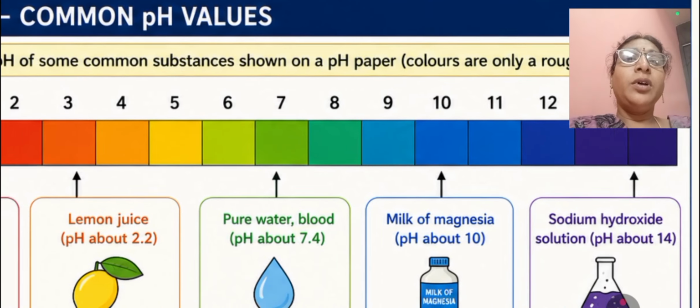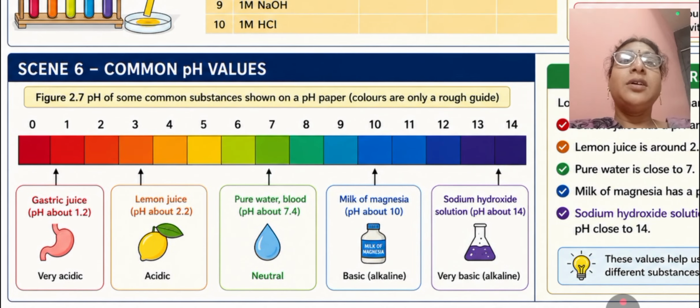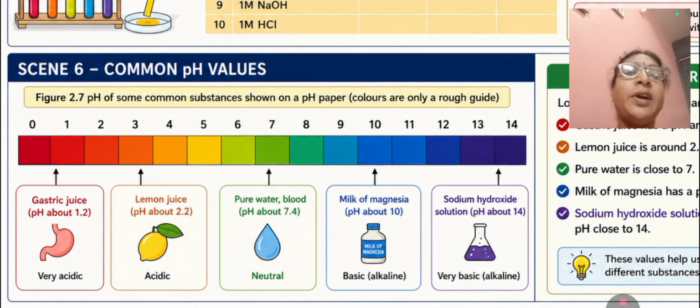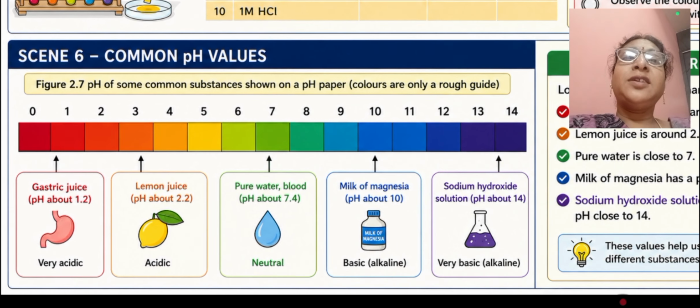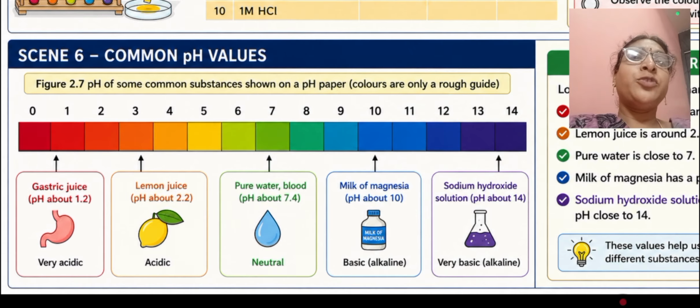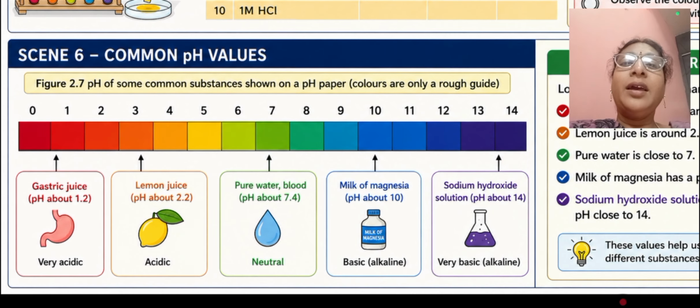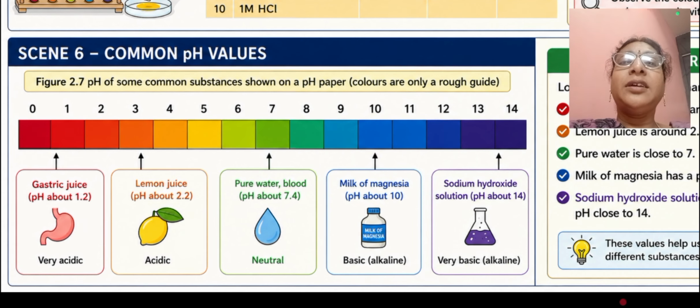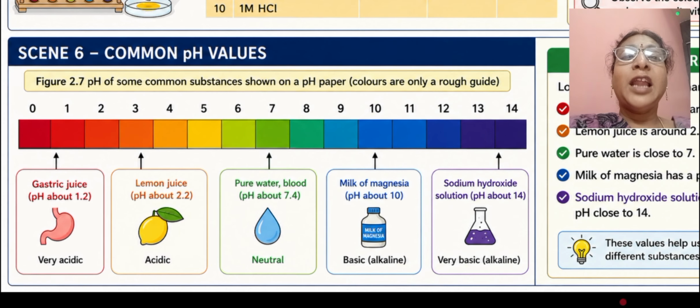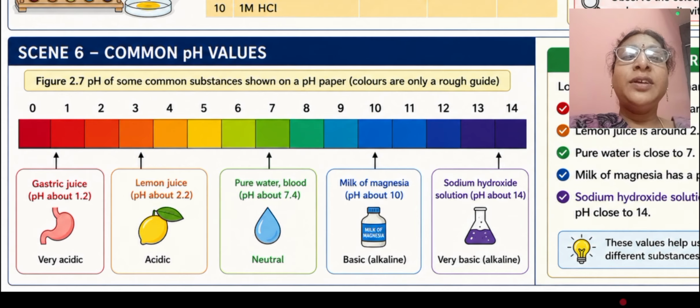Now here we have to test these values. The common pH values are shown on the pH paper. These colors are only a guide. Gastric juice has a pH of 1.2, so it is acidic, a strong acid. Lemon juice has a pH of 2.2, so it is also a strong acid.